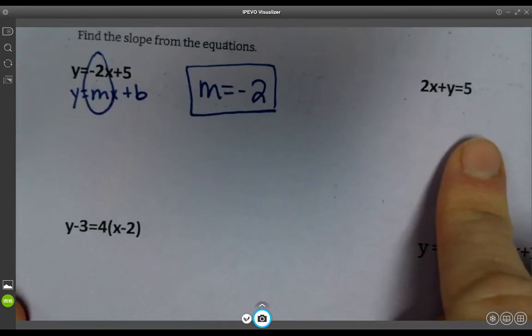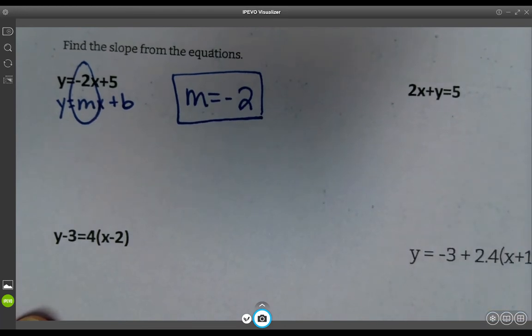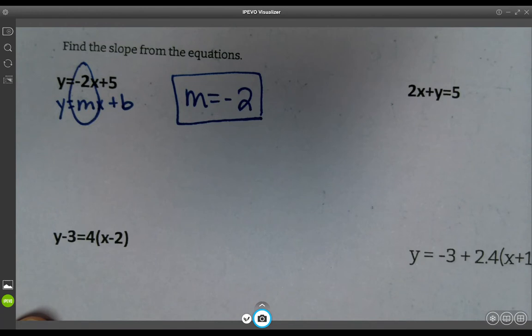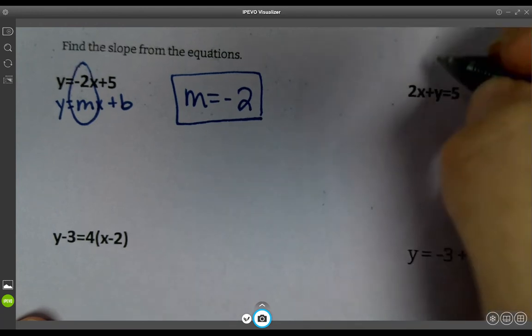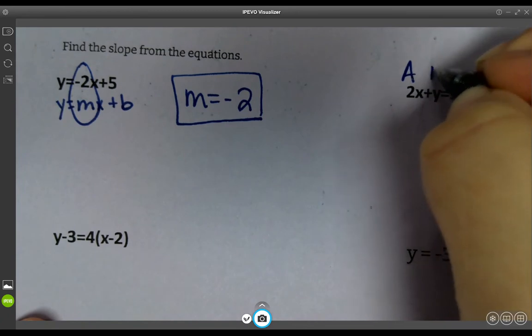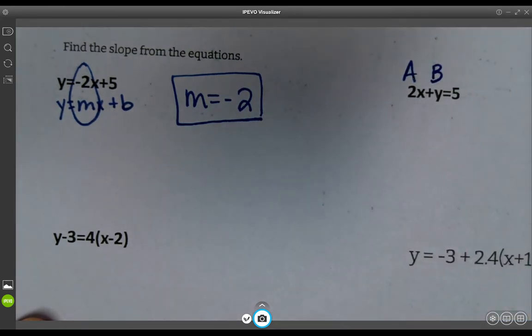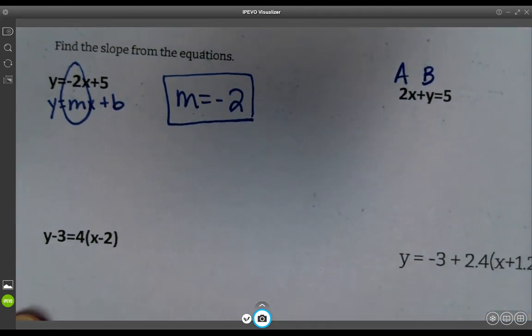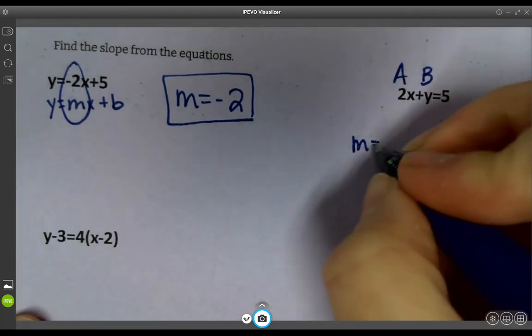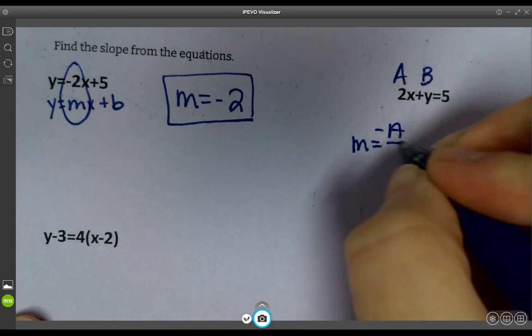All right, this next one. 2x plus y equals 5. So we could either do negative a over b, or we could solve it for y. So a and b, right? I'm going to do it both ways on this one, just so you see how they're the same. So m equals, I'm going to go ahead and put negative a over b.